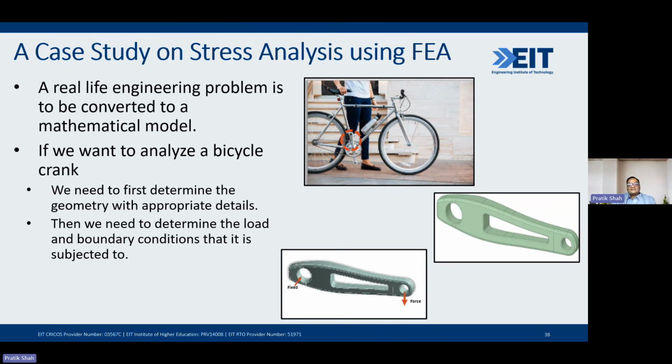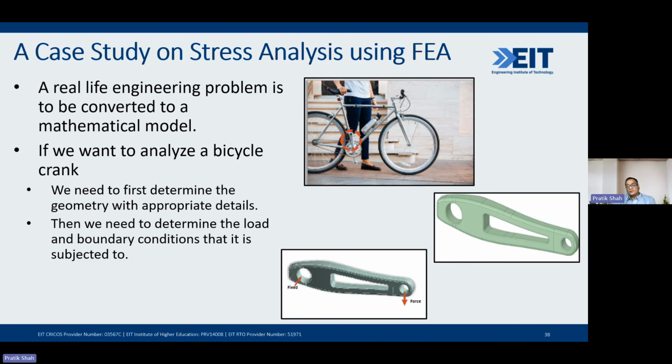So this is the next step, wherein basically we need to create a model like this. After creating a model, I need to identify the boundary conditions. Boundary conditions here basically are what portion of the entire problem is fixed, and where the critical loads are being applied on the component.